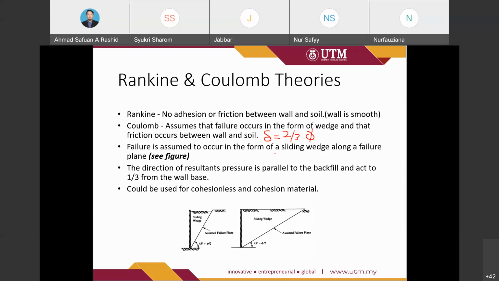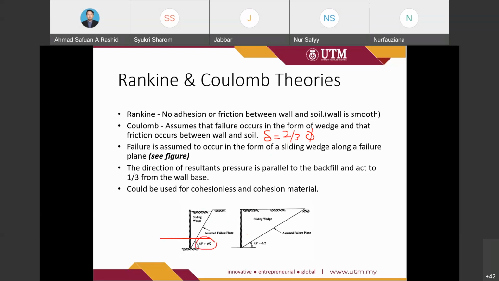Failure is assumed to occur in the form of a sliding wedge along a failure plane. So this is the type of failure. The first one we may consider as passive, while this one is the active.